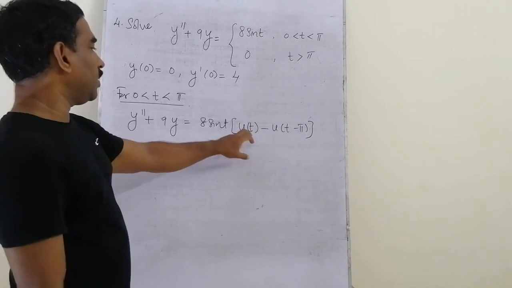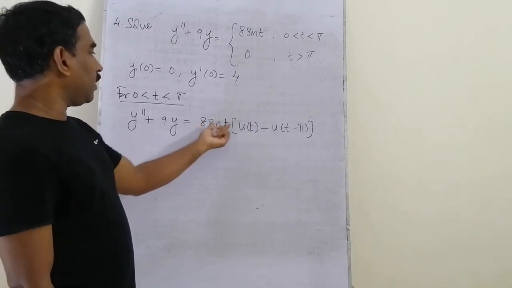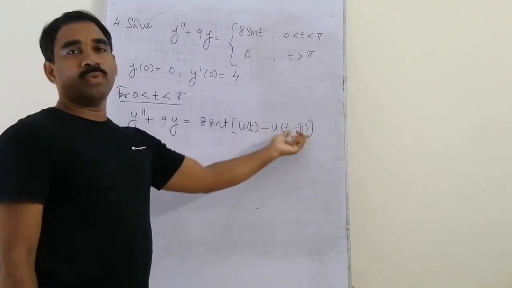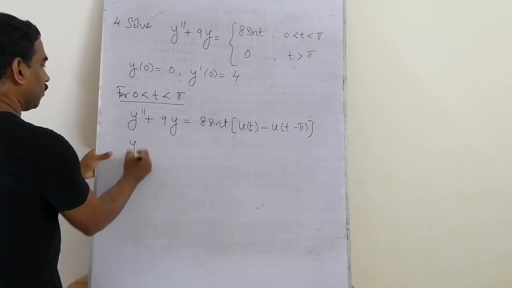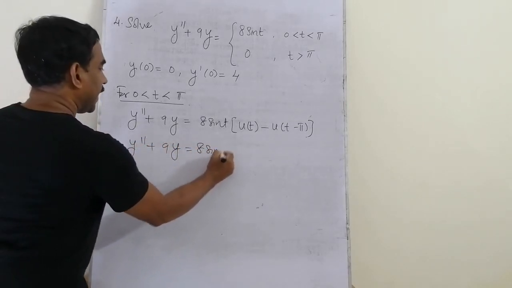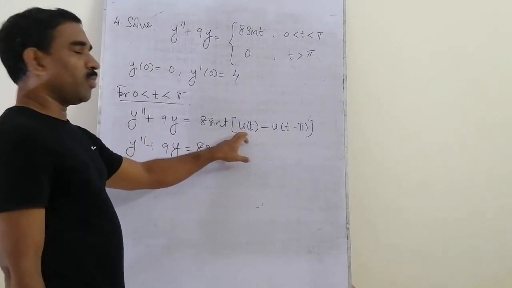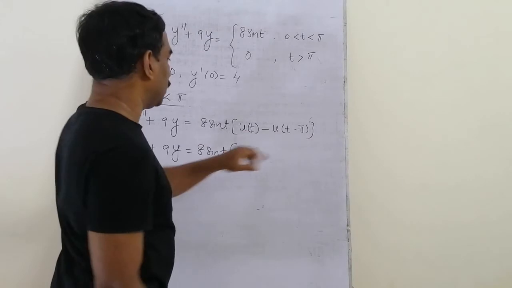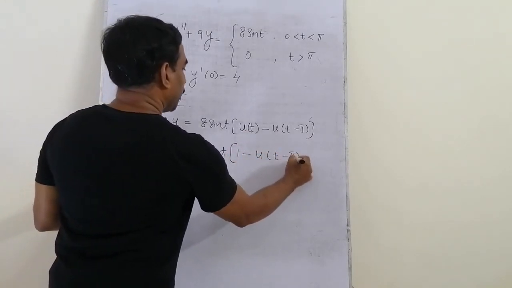So this multiplication with the difference restricts the output of the function 8 sin t to the interval 0 to pi only. So that is y double dash plus 9y is equal to 8 sin t into, or this can be written either way, because u(t) has output 1 for every t greater than 0, so this is 1 minus u(t minus pi).